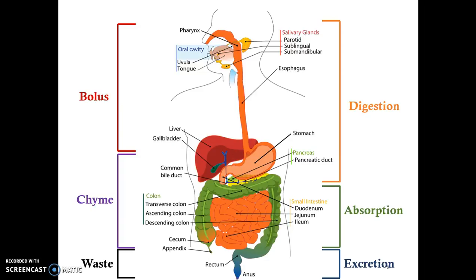The bolus is more of a distinct ball of food, while the chyme is more of a messy mush that is partially digested and the food gets all broken up so that our nutrients can be absorbed from it. So it's chyme all the way through the intestines, and then once it enters our rectum, at that point we consider it waste. So once the food gets to the very end of our GI tract, it's just waste and is excreted from our body.